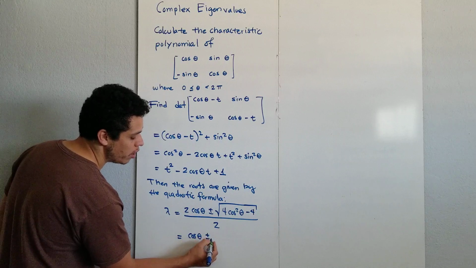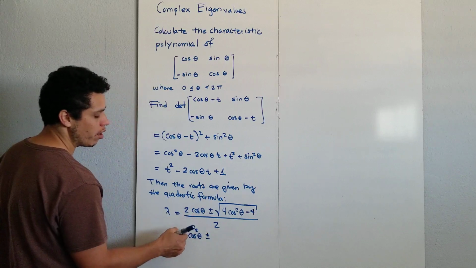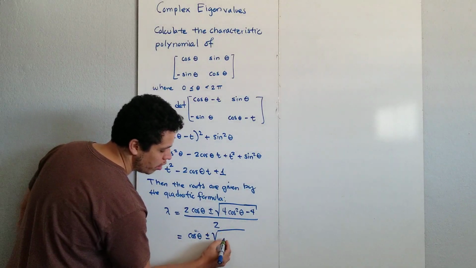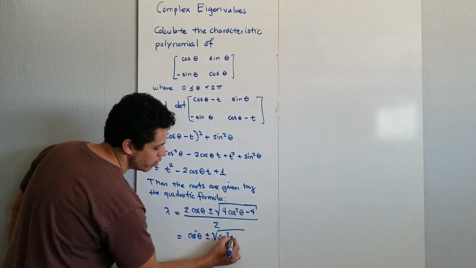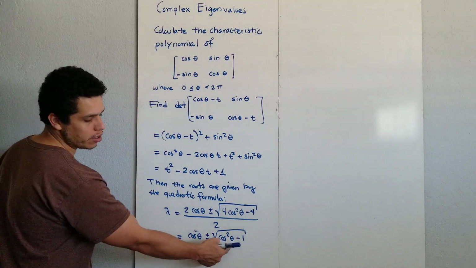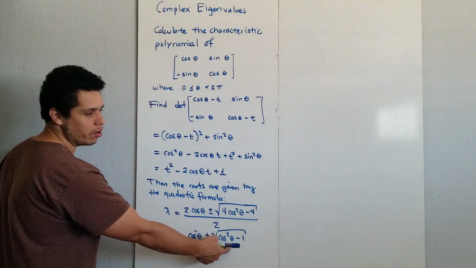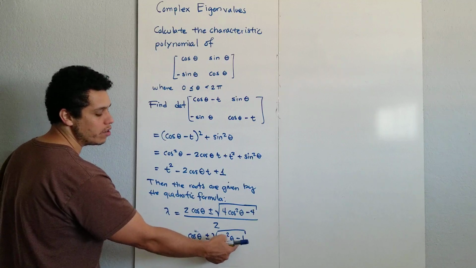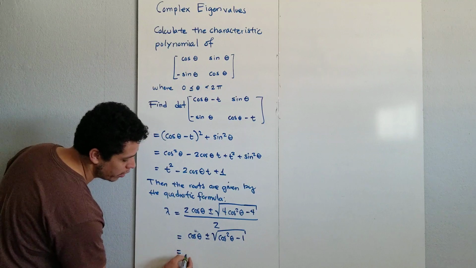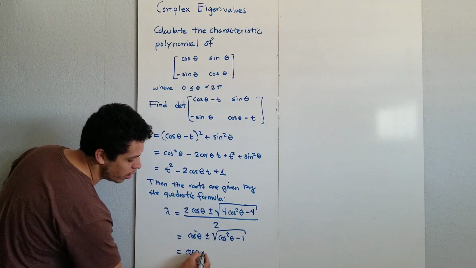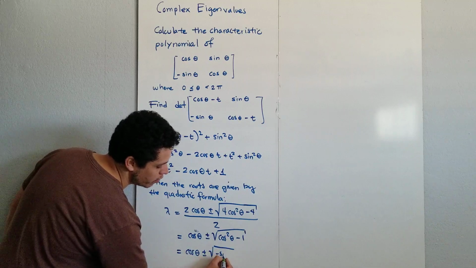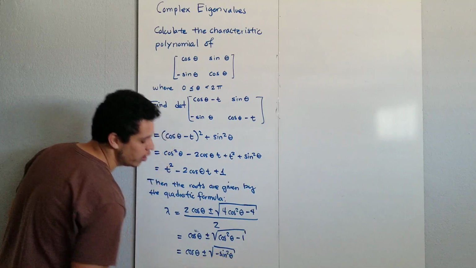So this becomes plus or minus the square root of cosine squared minus 1. Oh, but this is known. This also comes from the trigonometric identity, and I can identify this as negative sine squared. So I'll write this as cosine of theta plus or minus the square root of negative sine squared theta.